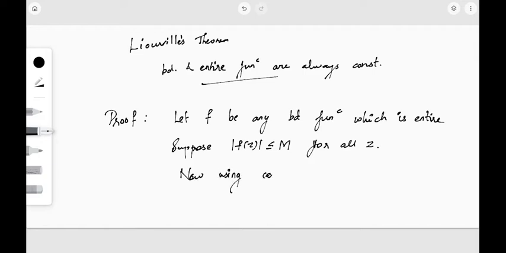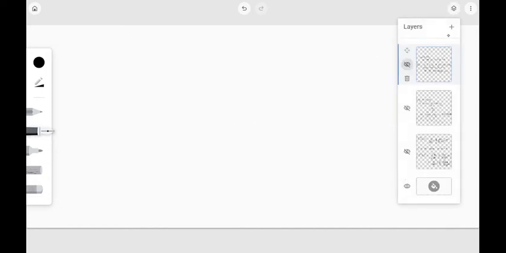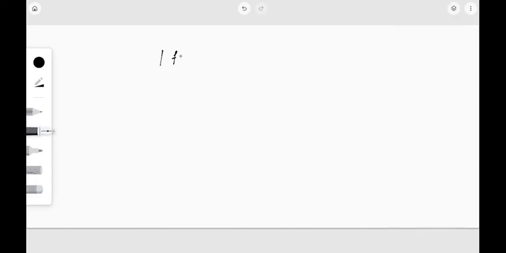Using Cauchy's inequality, for say n equal to 1, what do we have? We have modulus of f dash of z0 less than or equal to M into n factorial, where n is 1 here, into r raised to 1, which is nothing but M by r.